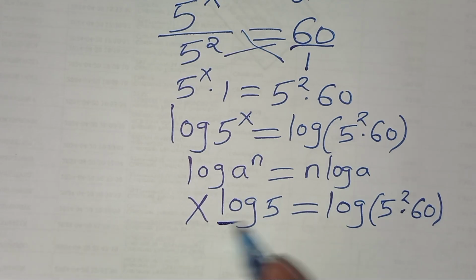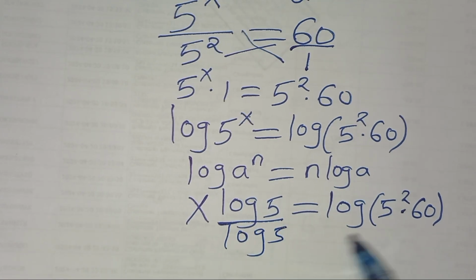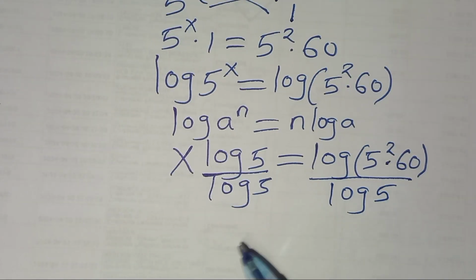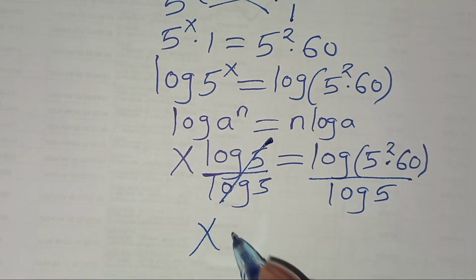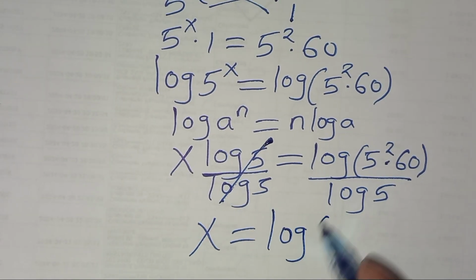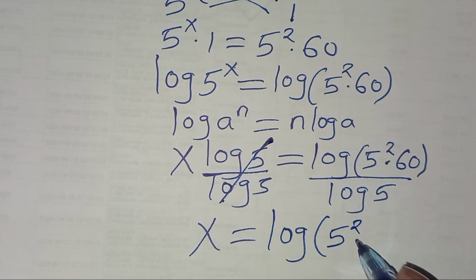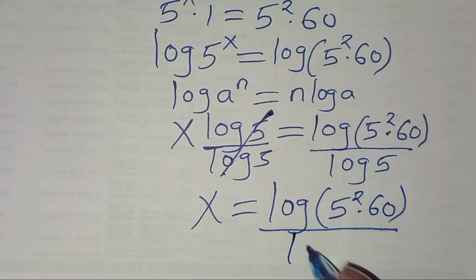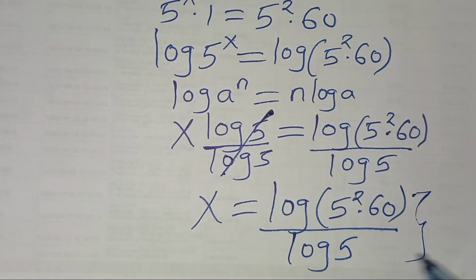So let's divide both sides by log 5. So by simplifying here, we'll have x equal to log 5 squared times 60 divided by log 5. So let's proceed from here.